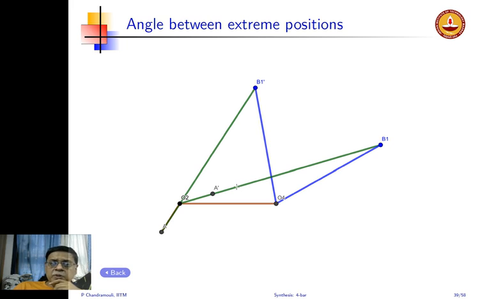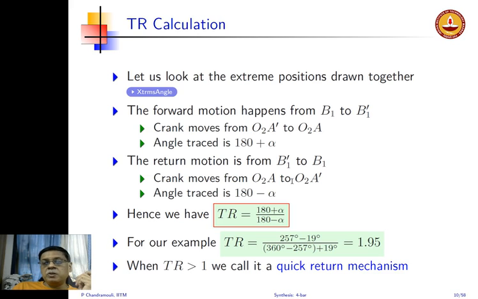The forward stroke happens from here to here, which is 180 plus alpha, and the return stroke is from here to here, which is 180 minus alpha. So this angle between the two collinear positions of the crank and coupler forms a design parameter alpha. So the time ratio is 180 plus alpha by 180 minus alpha.